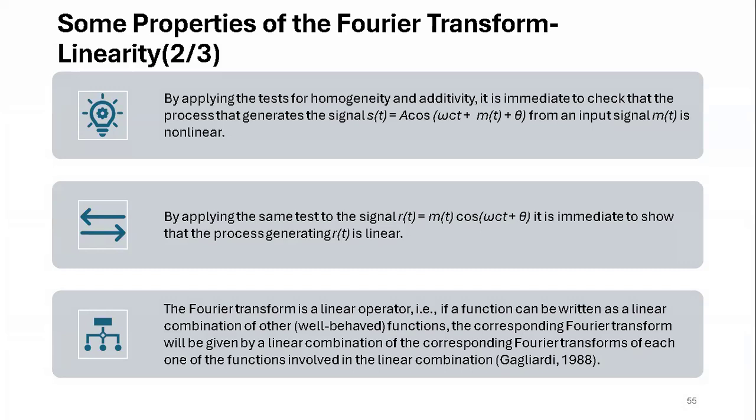Now, by applying the test for homogeneity and additivity, it is easy to check that the process that generates the signal s of t equals A cos omega c t plus m of t, an amplitude modulated signal, is non-linear.